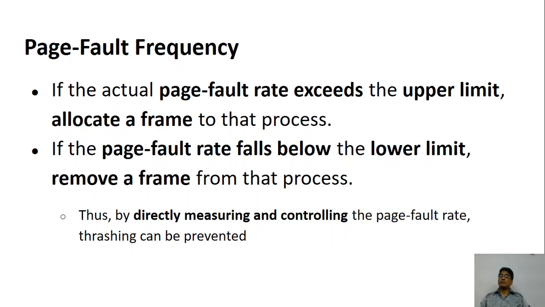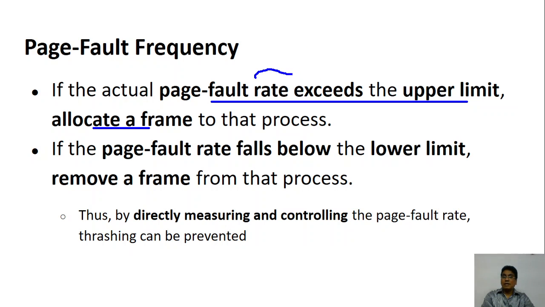When the page fault rate exceeds the upper limit, that means you allocate new frames to the process. What is the meaning of allocating new frames to the process? By reducing the number of processes. How can I allocate? So don't get confused. When you read it, you may say that the explanation is exactly opposite to what you are saying. This is with respect to one process.